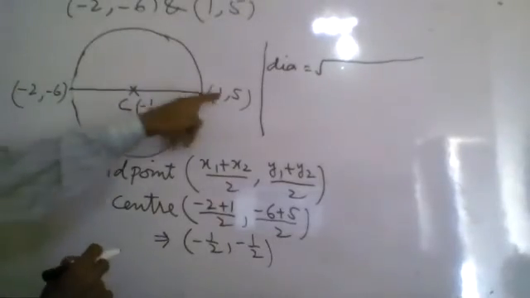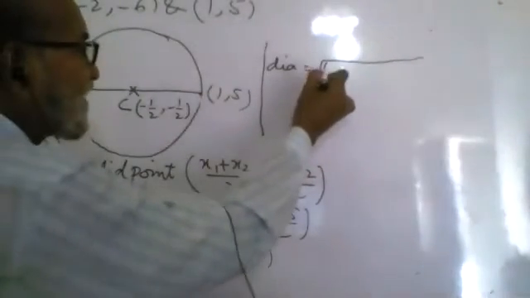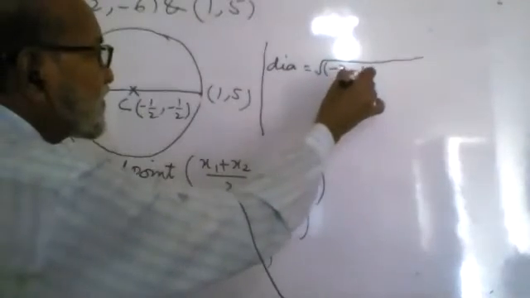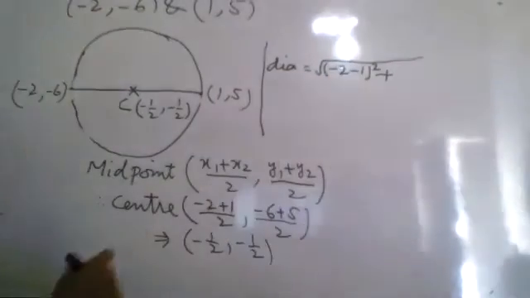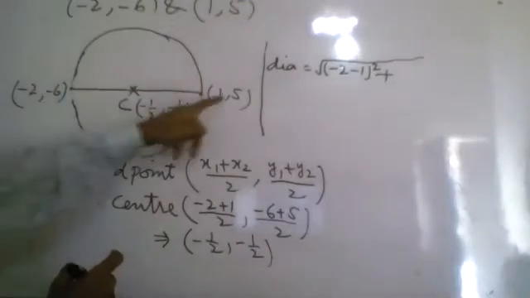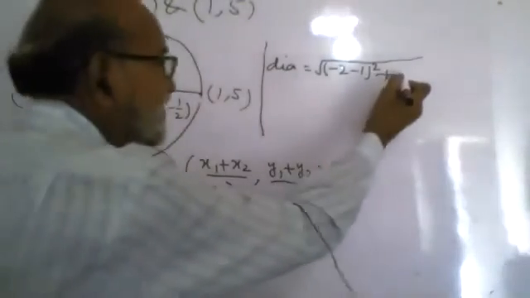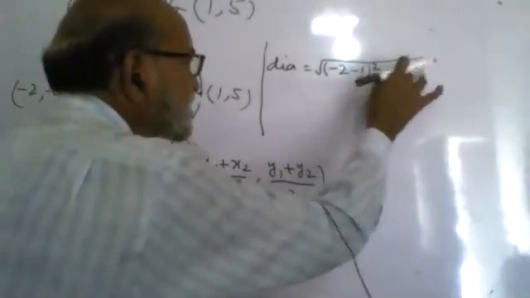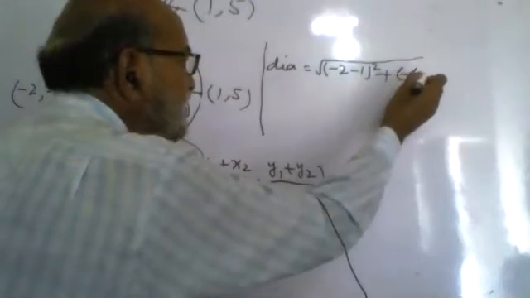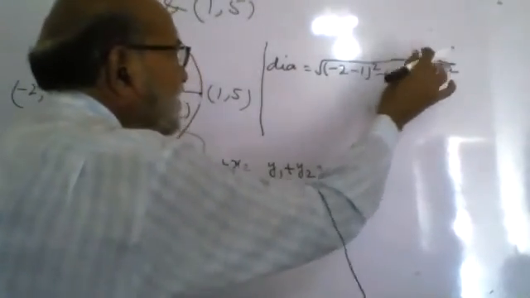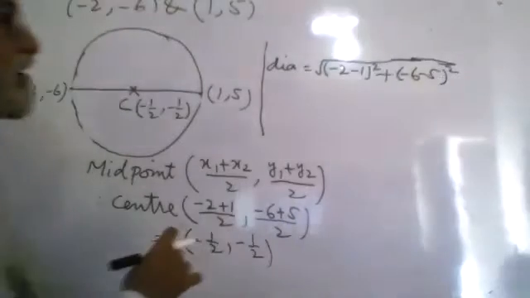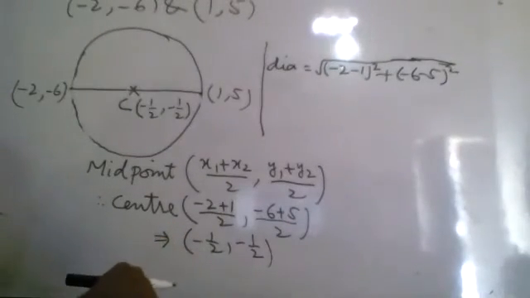Minus 2 minus 1 whole square plus minus 6 minus 5 whole square, whole under root. This is the diameter.